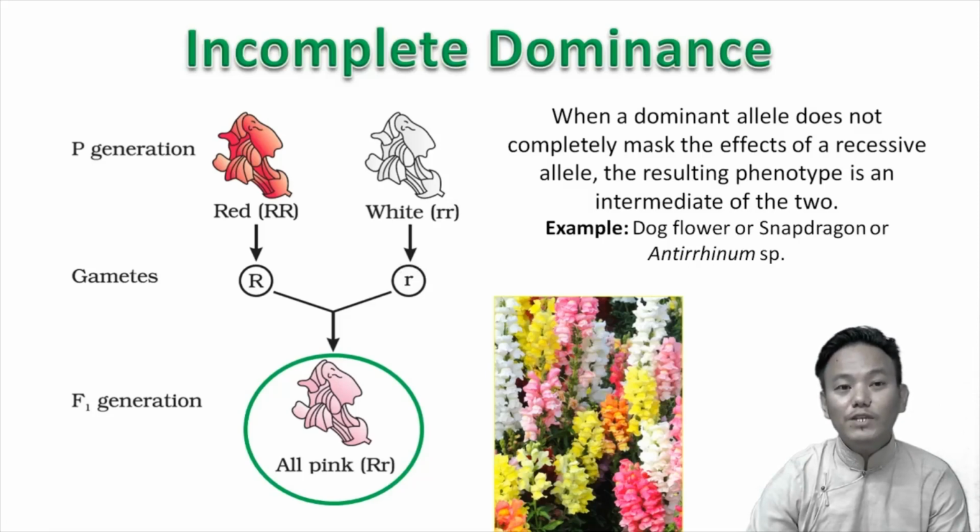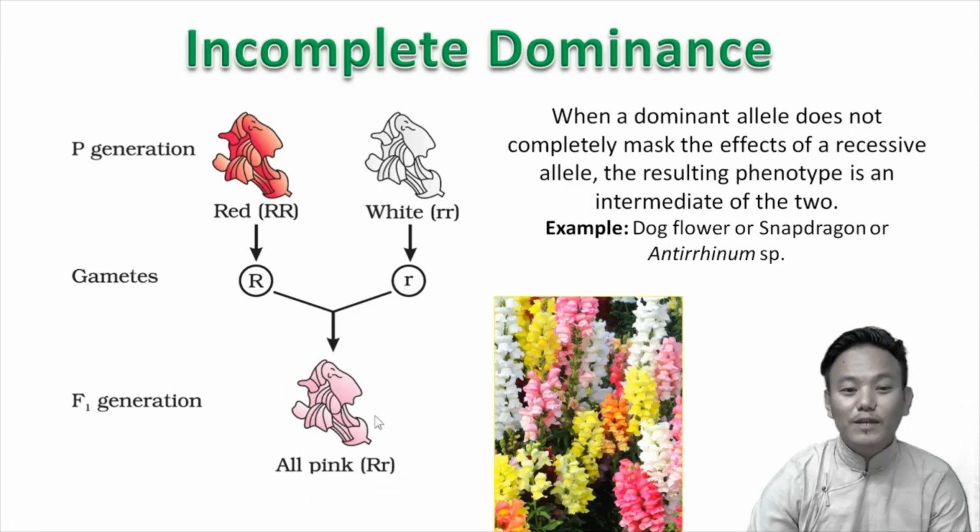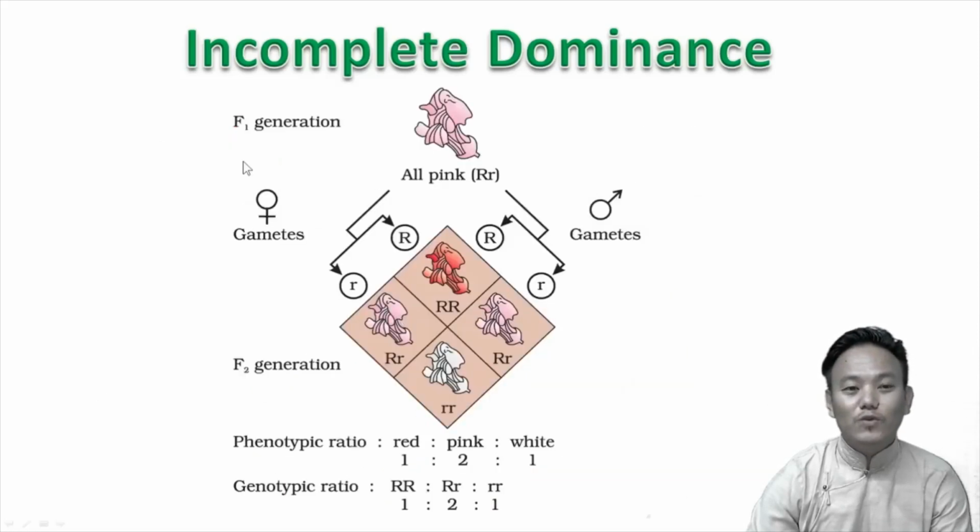Now if we continue with the monohybrid cross of the snapdragon plant, we should self-pollinate the pink flowered plant of the F1 generation. If we self-pollinate the F1 generation individuals, the result is very different from that of Gregor Mendel's monohybrid cross.